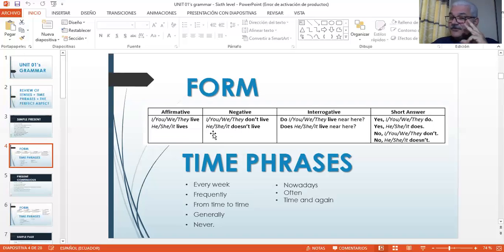But for the third person singular, this auxiliary will take the S, as you know. So instead of saying do, we say does, and we add the negative form. We say he doesn't live, she doesn't live, or it doesn't live. Okay? You know that in English we have three different forms for the third person singular.